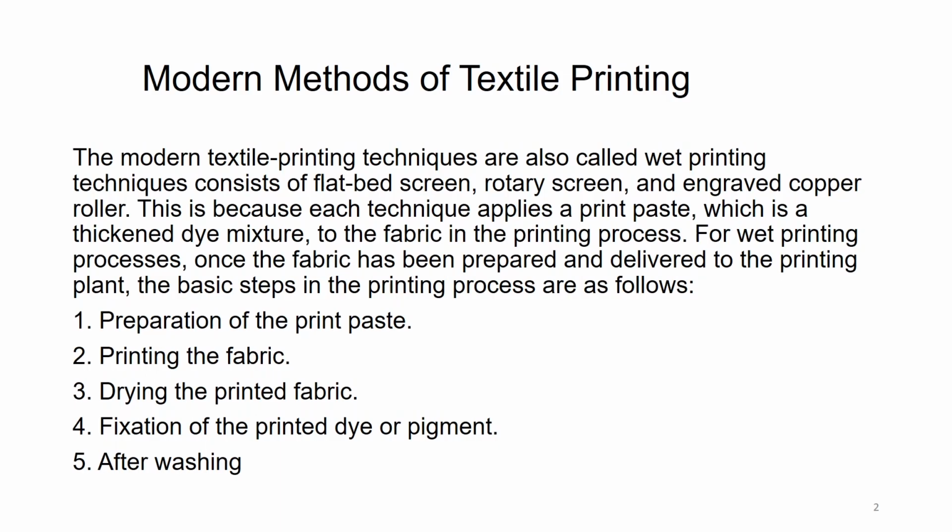For wet printing processes, once the fabric has been prepared and delivered to the printing plant, the basic steps in printing processes that are used are as follows. First, preparation of the print paste, then printing the fabric, drying the printed fabric, fixation of the printed dye or pigment, and after washing.